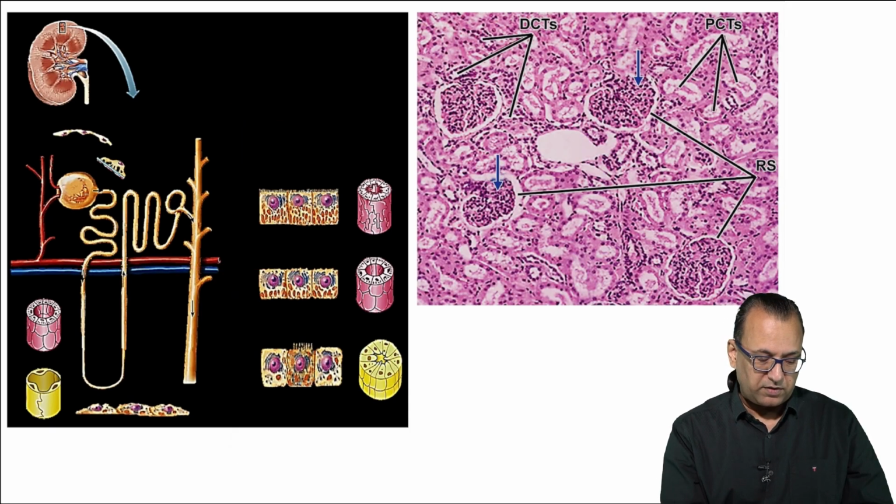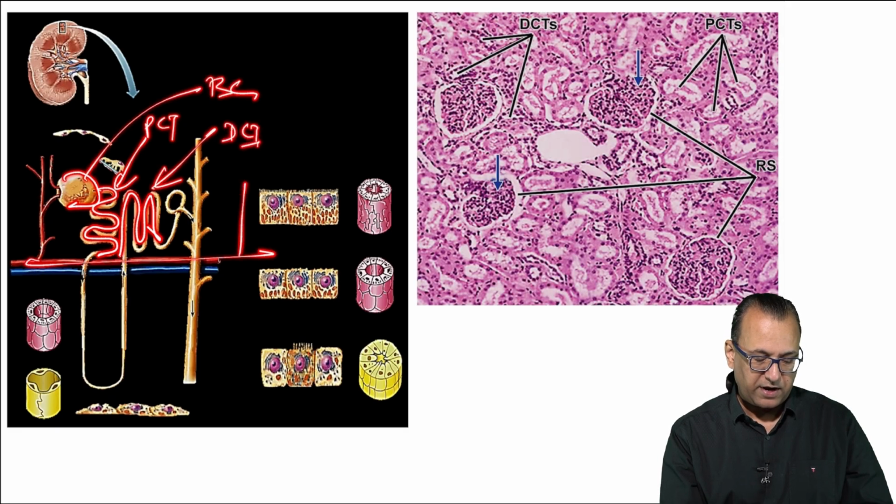As is understood, the Bowman's capsule, PCT, and also the DCT, so this is the PCT and that is the DCT, and this is the Bowman's capsule. They will be in the renal cortex.